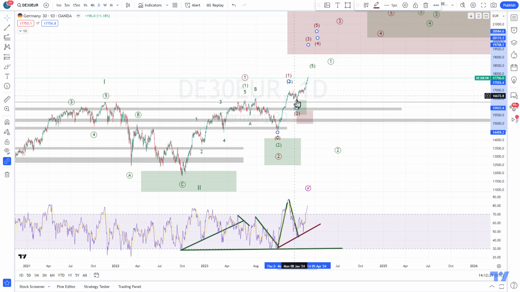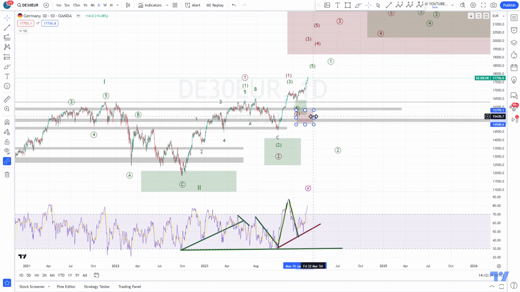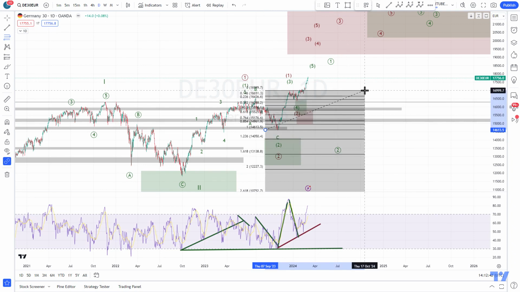For a while I also had an expanded flat structure here, because a wave 2 normally goes to the area. If we take the length of the wave 1, then the Elliott Wave guidelines tell us that a wave 2 should go into the area between the 0.5 and the 0.854 Fib retracement.